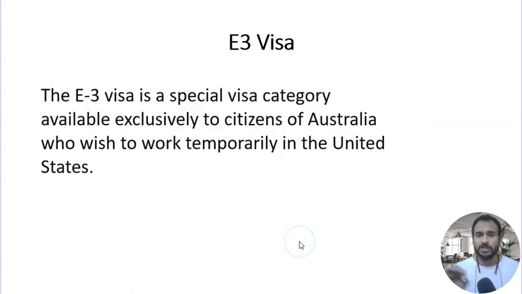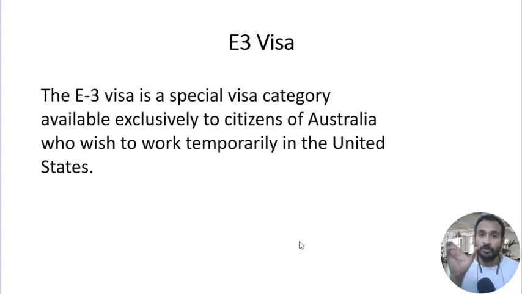Now what is the E3 visa? The E3 visa looks something like this. This is provided for Australian citizens. If they want a work visa, they get E3. This is a special visa category available exclusively to citizens of Australia who wish to work temporarily in the United States. Now, this is similar to H1B.